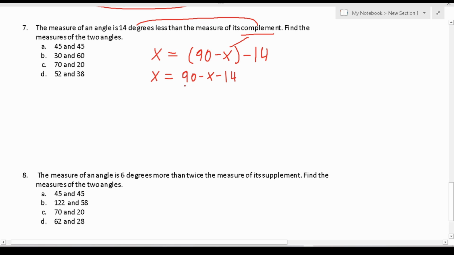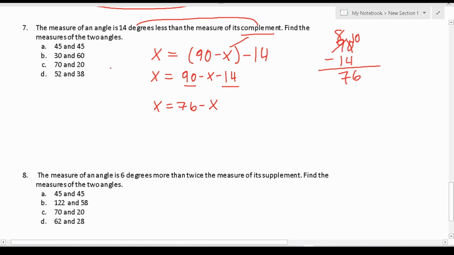I'm going to combine these like terms, notably 90 and negative 14. So this is going to be 90 minus 14. 0 minus 4 we can't do, so we're going to have to borrow. This is going to become 8. This is going to become 10. 10 minus 4, of course, is 6. 8 minus 1 is going to be 7. Okay, so this becomes x equals 76 minus x.